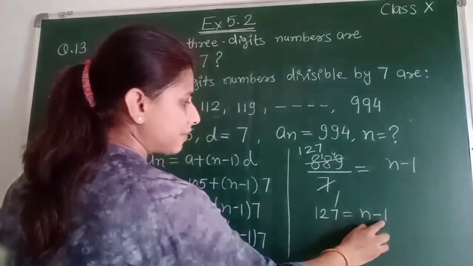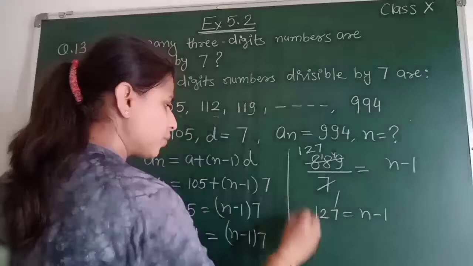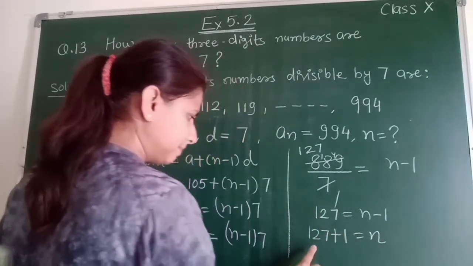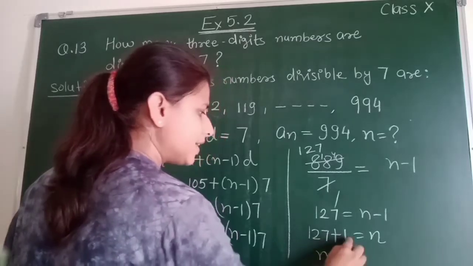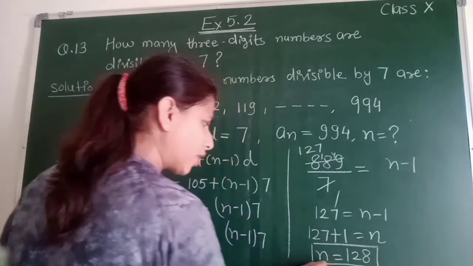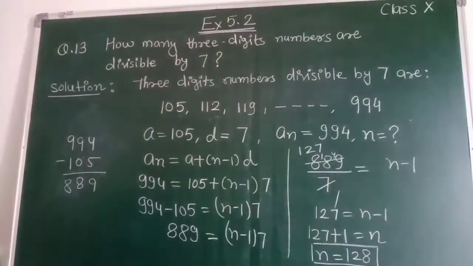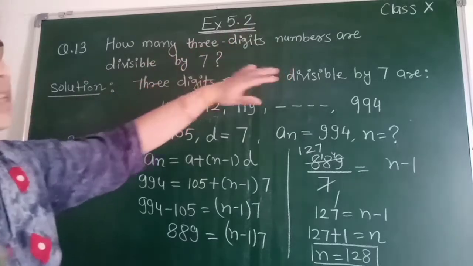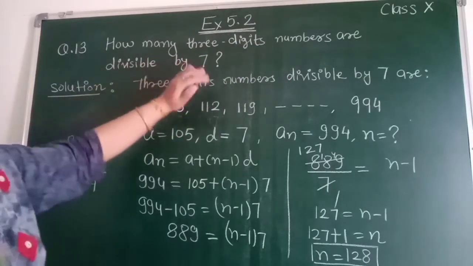Then we shift this minus 1 from the right hand side to the left hand side. We get plus 1, so n equals 127 plus 1, which is 128. So what is the result, student? There are 128 3 digit numbers which are divisible by 7.